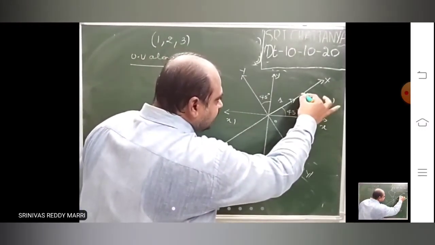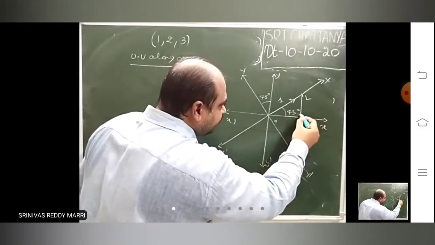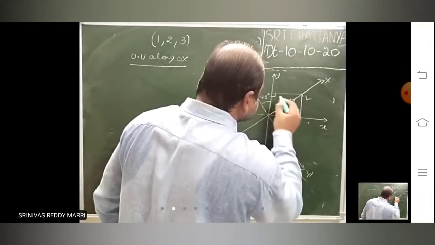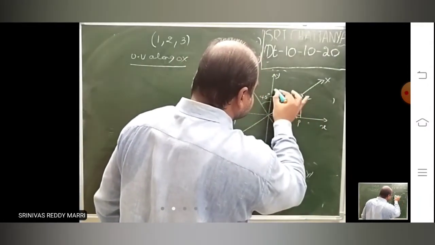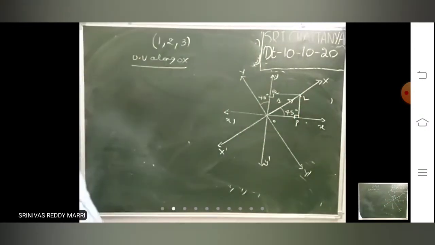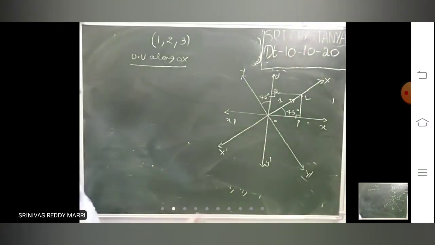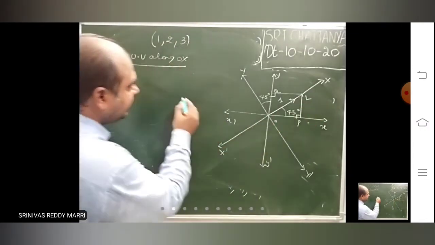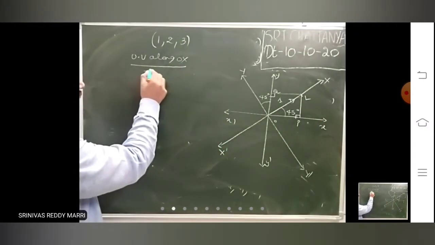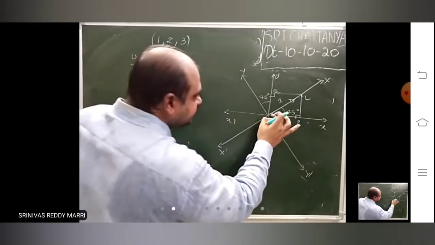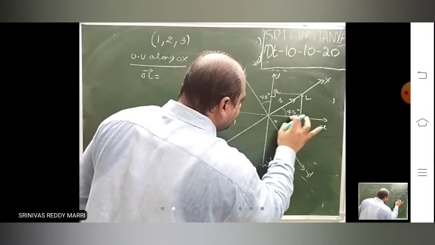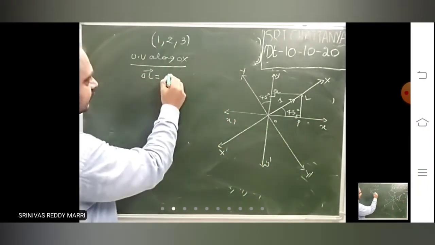Now from that point draw perpendiculars to x-axis and to y-axis, let us say this is P and this is Q. So according to parallelogram law, from this triangle law, OL bar is nothing but OP bar plus PL bar.